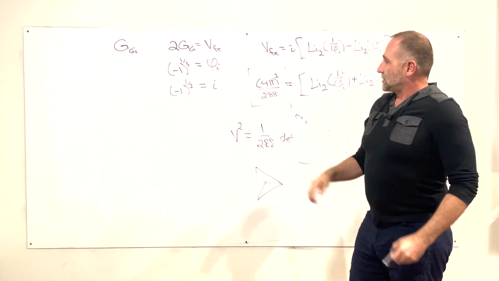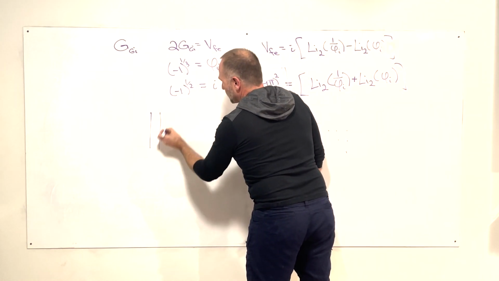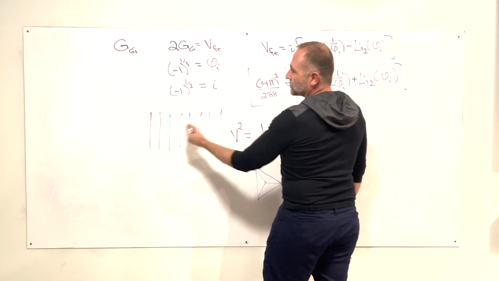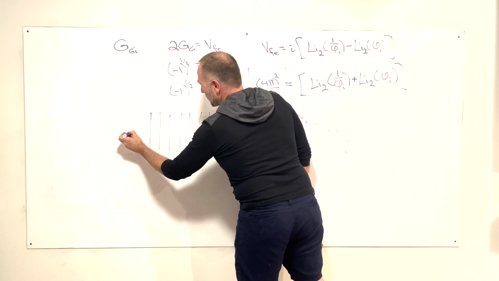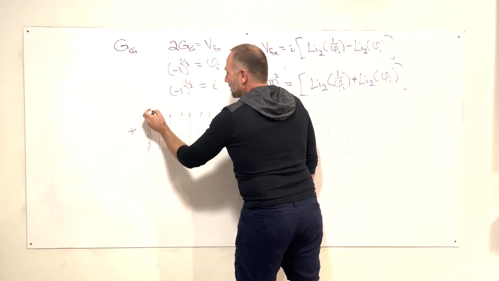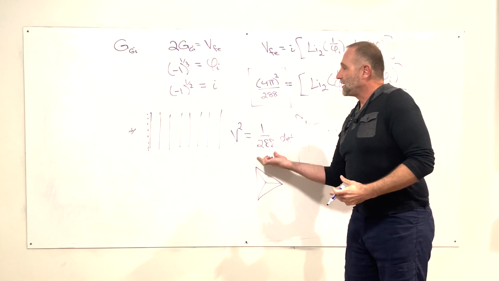But that structure is 1, 2, 3, 4, 5, 6, 7, 8 rows of equations, and there's 36 down this way, and 8 rows of 36. 8 times 36 is 288.